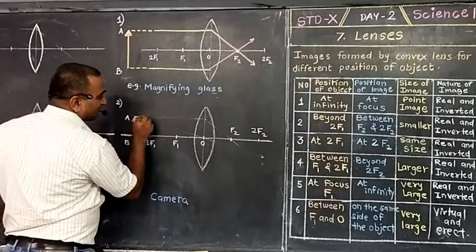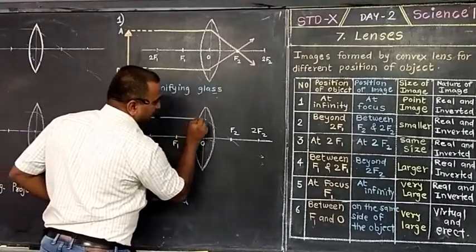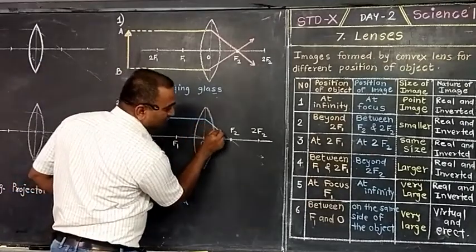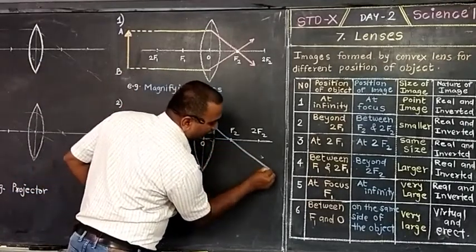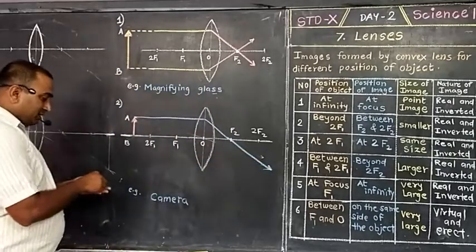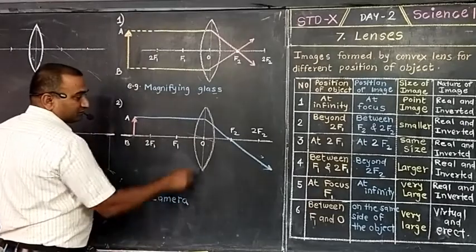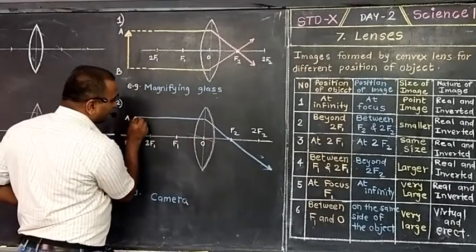One ray is parallel to the principal axis. How will it pass? It will pass through the principal focus. And the second ray is directly from the optical center without any deviation.